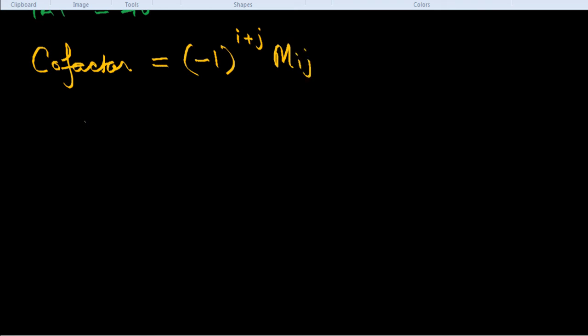It means Cij is equal to minus 1 power i plus j, Mij.